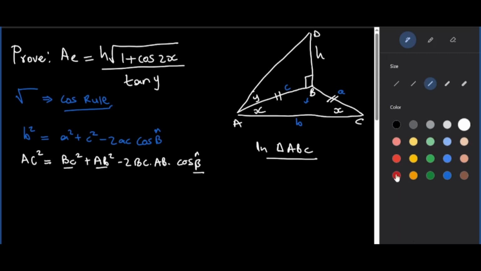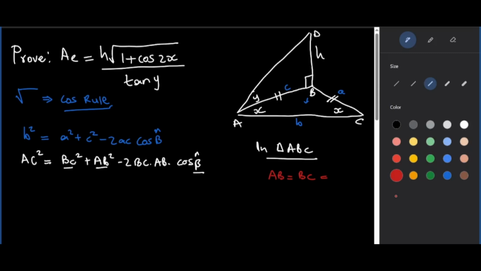But now look at this: it was given that in triangle ABC, AB is equal to BC. So if we use triangle ADB, because it's a right-angled triangle, we're going to know the lengths of these two sides.